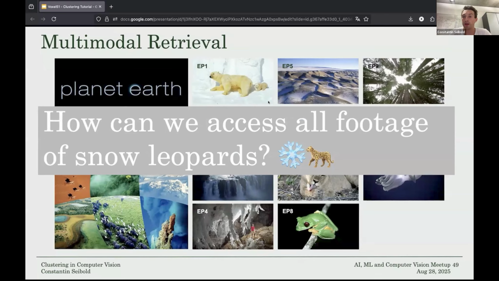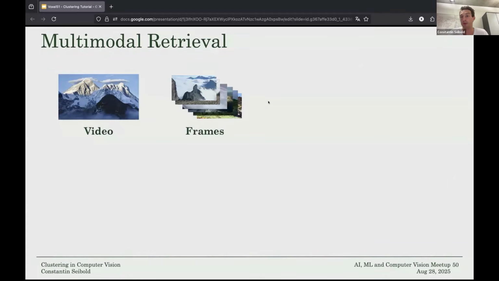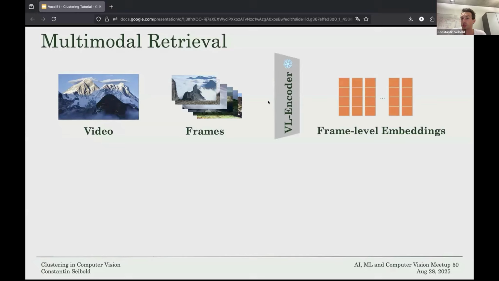So what is one way we can approach this? We can start, for example, with a standard video and extract the frames. This is a really simple pipeline, right? Use a vision language encoder like SigLIP v2 or DINOtxt or anything you can think of, standard CLIP, and get frame-level embeddings.